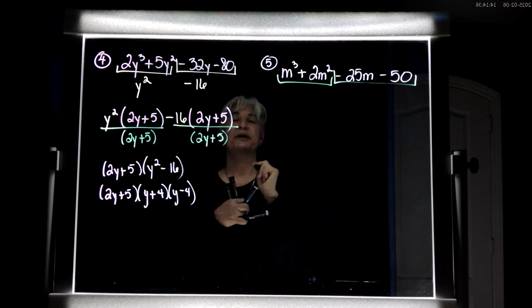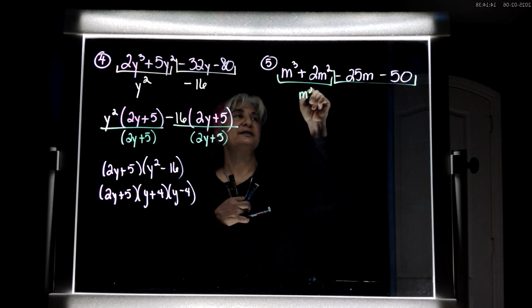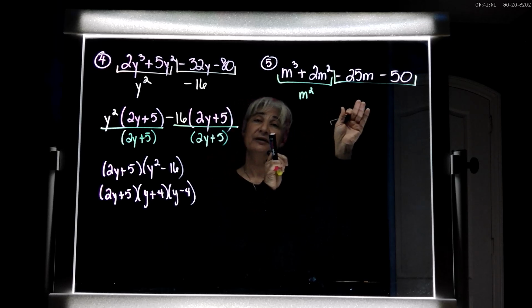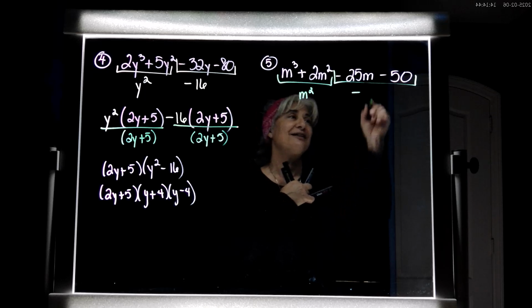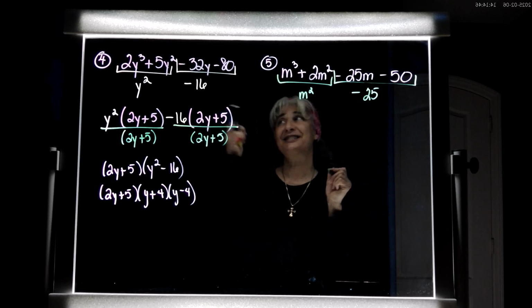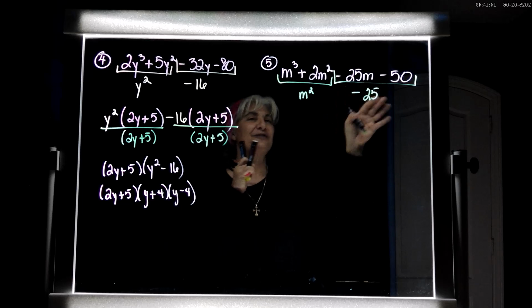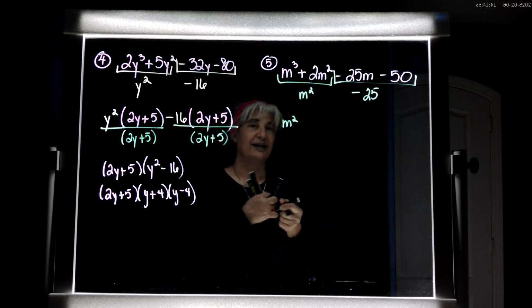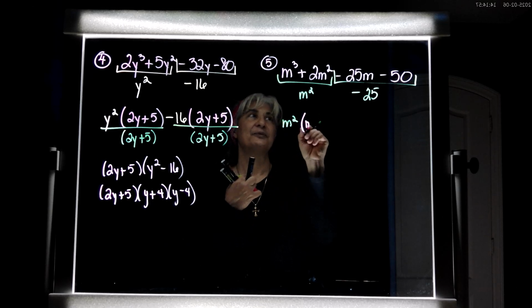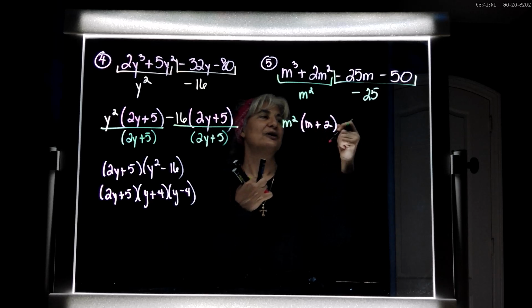What are you taking out of the first pair? M to the second. Second pair, definitely a negative. This one's a little more obvious, right? Yeah, 25. The 16 may not have been as obvious, but 25 and 50, yeah, you guys have worked with those often enough. So you took out an M squared and M plus 2. Excellent.